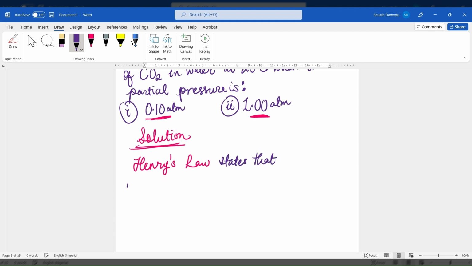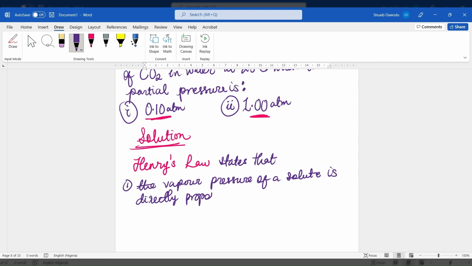The first way of representing it: the vapor pressure of a solute is directly proportional to its mole fraction. So that's the first one.